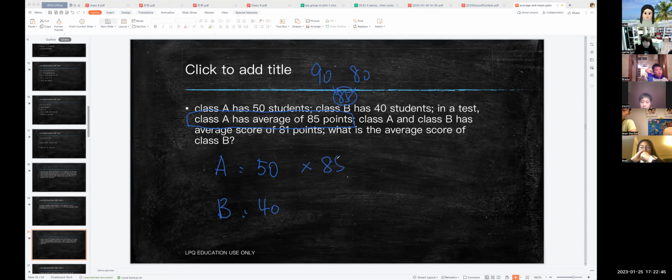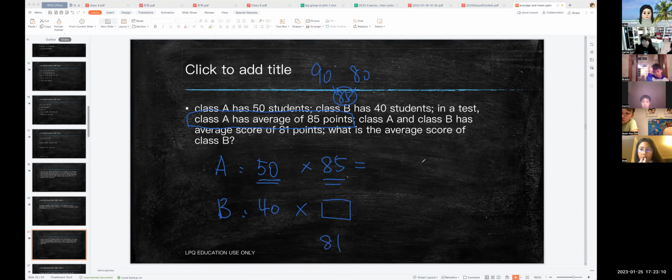So that means what we can do, because there are 50 students and each of you has 85 points, we can find out the total points class A has. Correct, everybody? Okay, but we don't know how much is the average score for class B, but we know class A and B has average of 81. So some student may ask me, what does it mean?